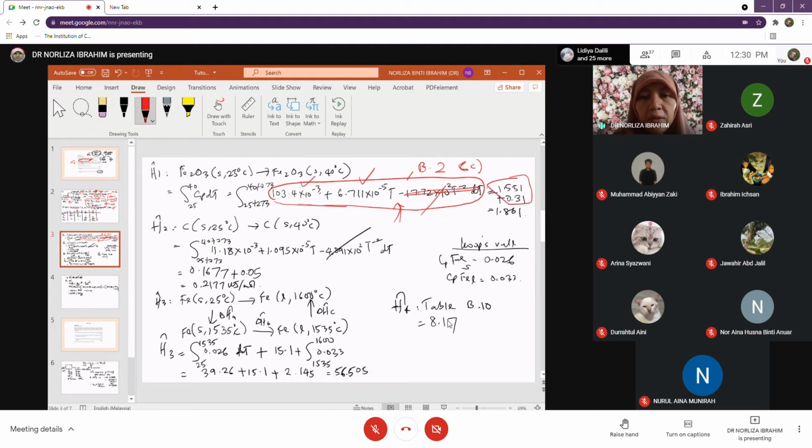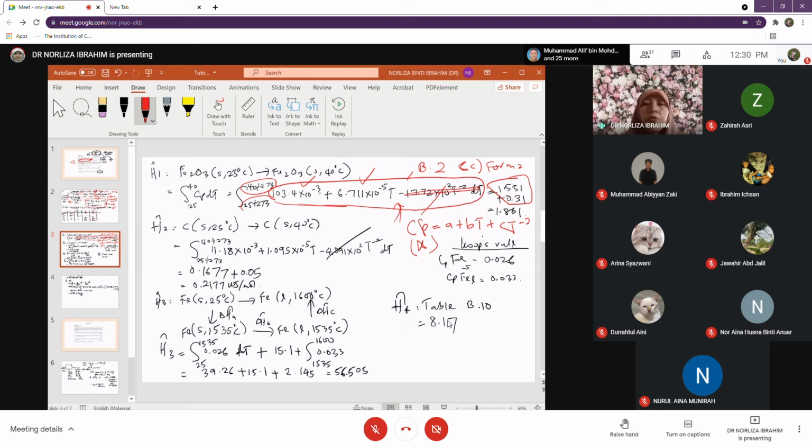If you refer to table B2, this is form 2, the second form. Your CP will be A plus BT plus CT to the minus 2, and the temperature in Kelvin. That's why you see here, I convert it to Kelvin there.